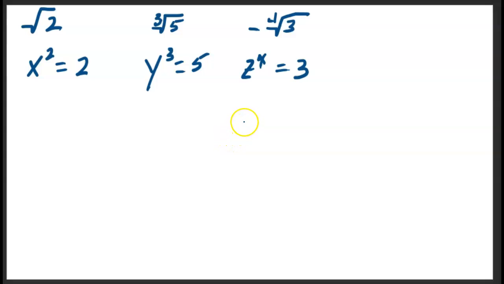Isn't that a typo there? I don't see where the negative is on the last one, but I'm going with what the text says. All right? Okay.